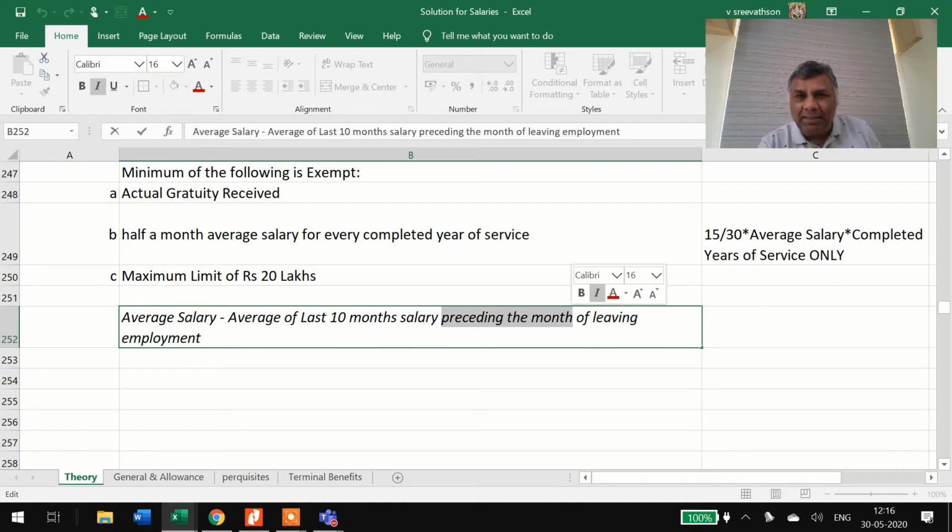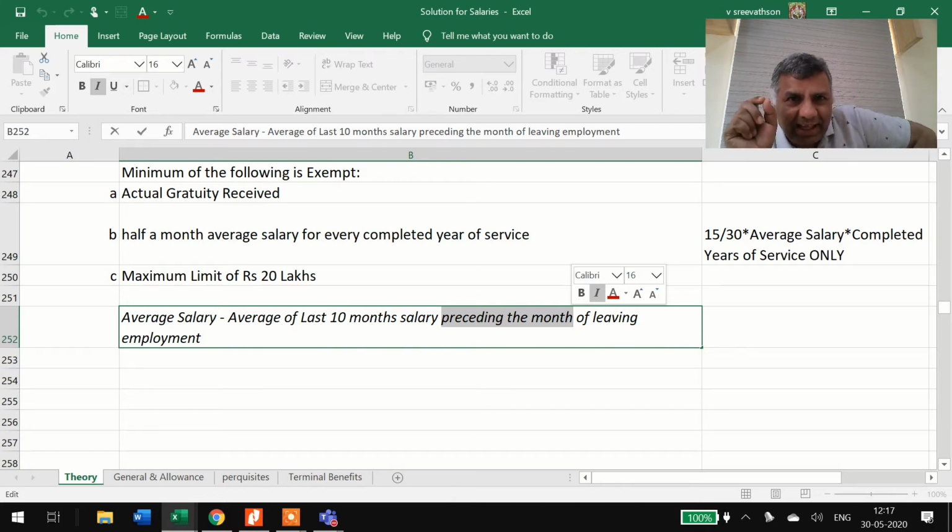So the month of leaving should be left off. So I will not take August. I will take the salary of July, June, May, April, March, Feb, Jan, December, November, October. These 10 months I will take and compute the average.